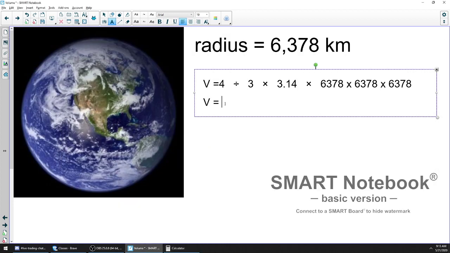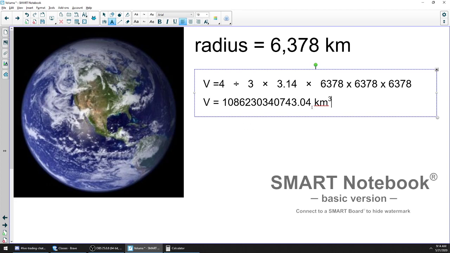The volume is 1,230,340,743.04 kilometers cubed. Remember, kilometers is a measurement of length. So that is how much space the Earth takes in our world. 1 trillion some odd cubic kilometers. That's a lot.